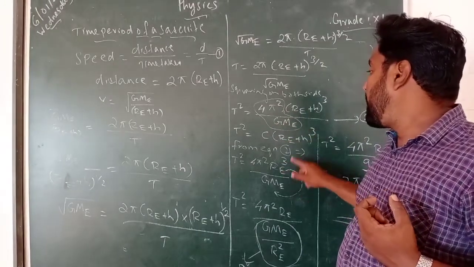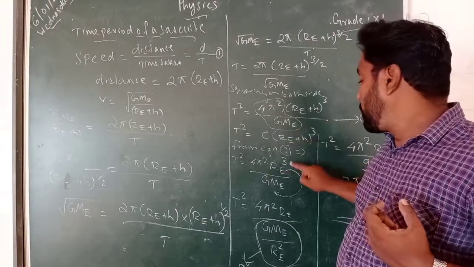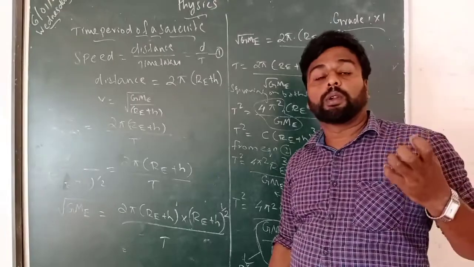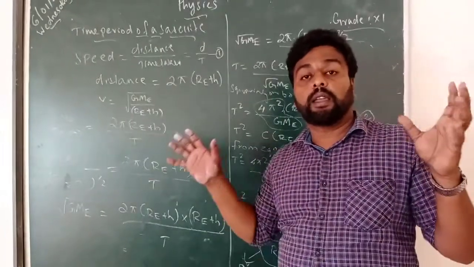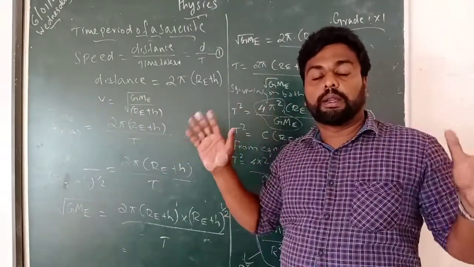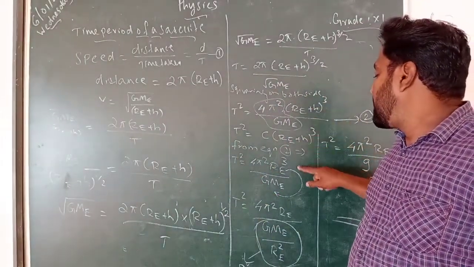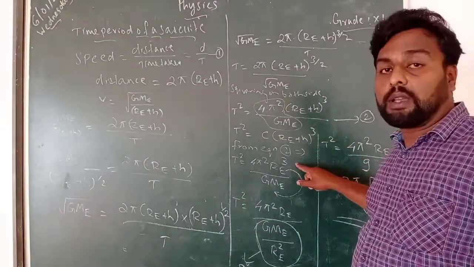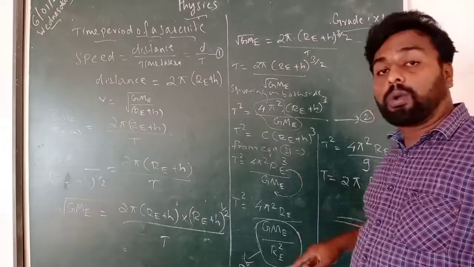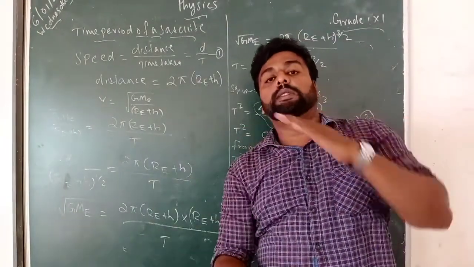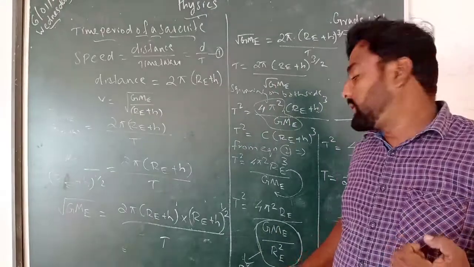You see here R_e cube. What happened to this h? h is very small when we compare it to the radius of the earth, so it is neglected. Now only R_e cube remains. From this R_e cube, if we take R_e square down to this G M_e, it will become g.